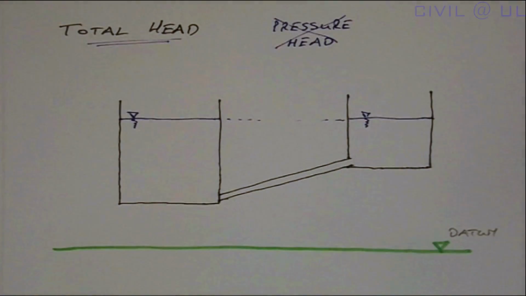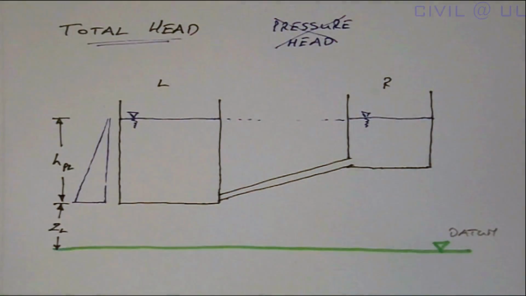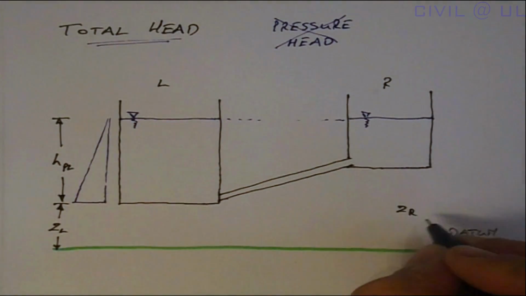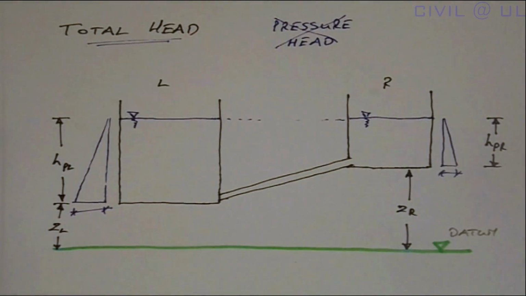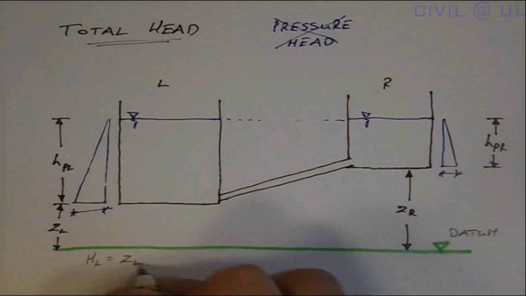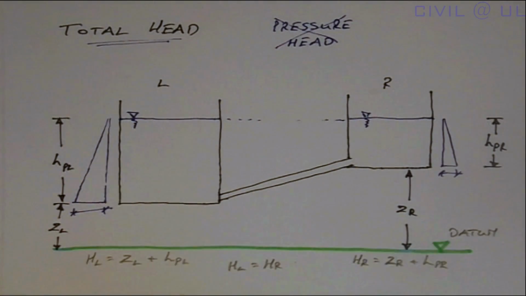When the water level is the same in both containers, the elevation head plus the pressure head for the tank on the left is exactly the same as the elevation head plus the pressure head for the tank on the right. That is, the total head in both containers is the same.